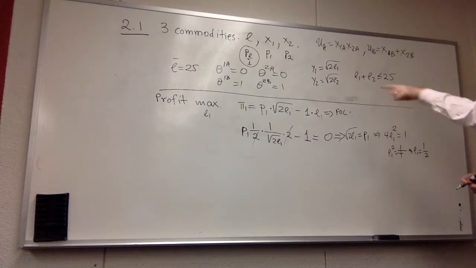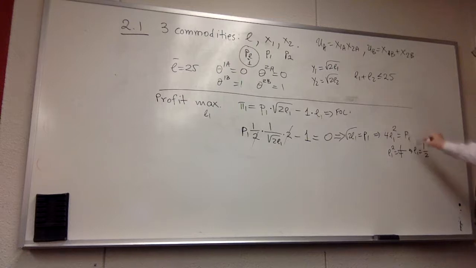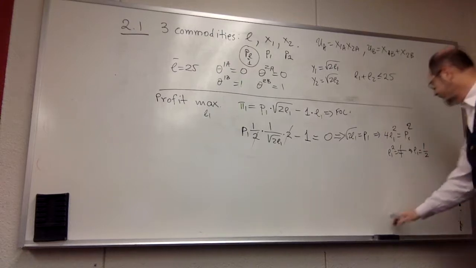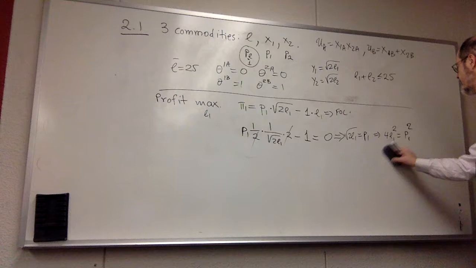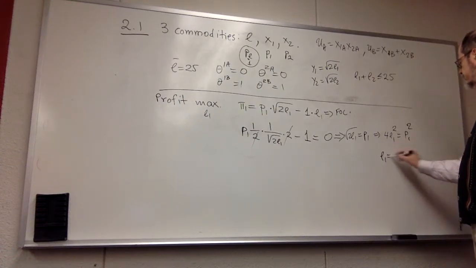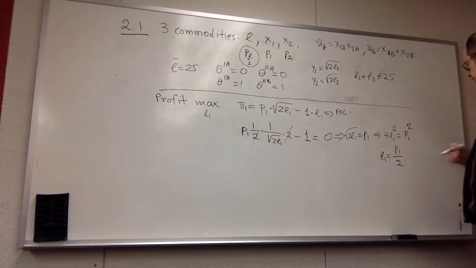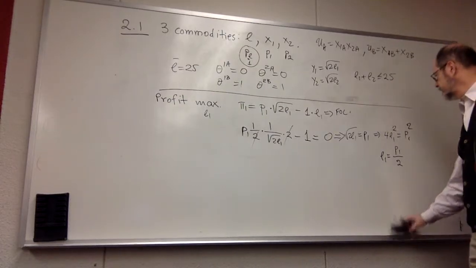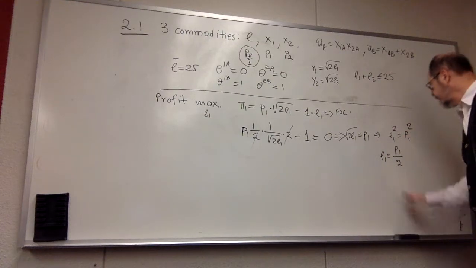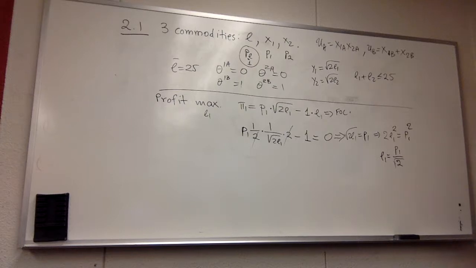Now let's check. Yes, right? So therefore, L1 is P1 squared over 2. Is that right? No, it's not. It's just terrible today. There, I ought to be correct.